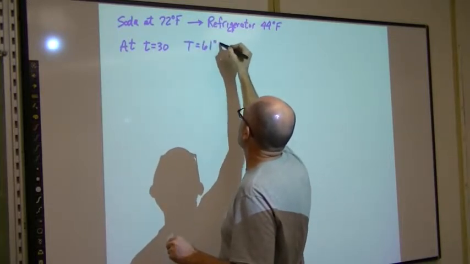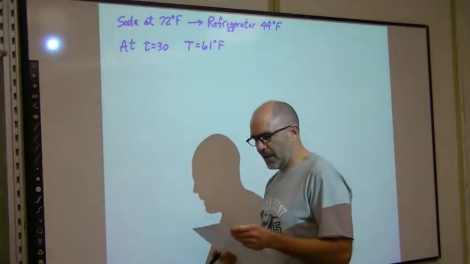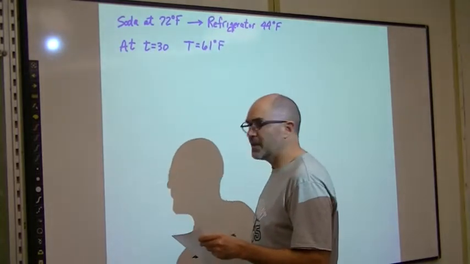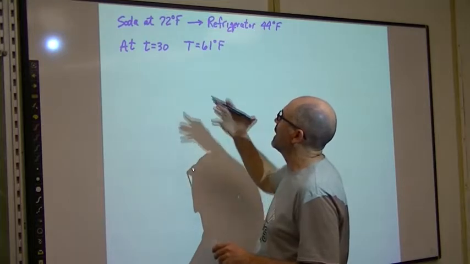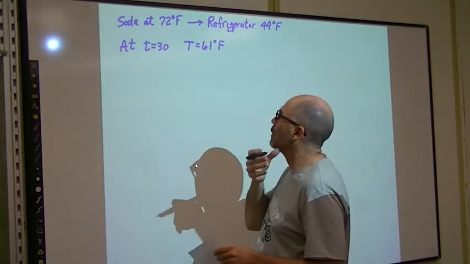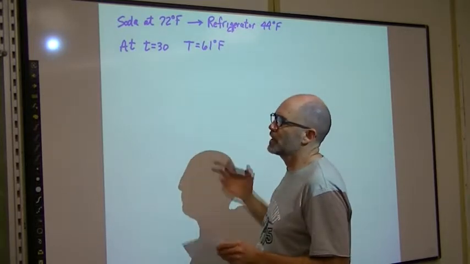Not quite ready to drink yet, but it's at least cooler. Now, what I want to know is, what's the temperature in 60 minutes? What's the temperature in a full hour? And then I might want to know how long it's going to take to get down to a particular temperature.